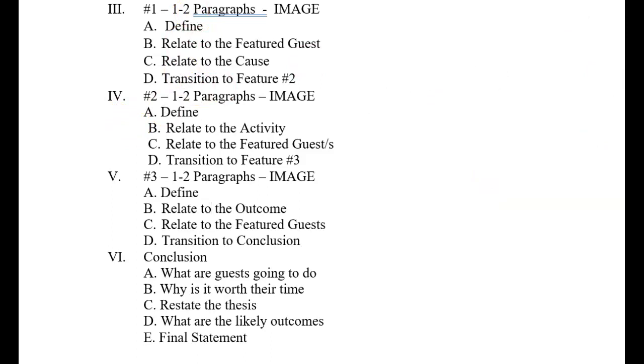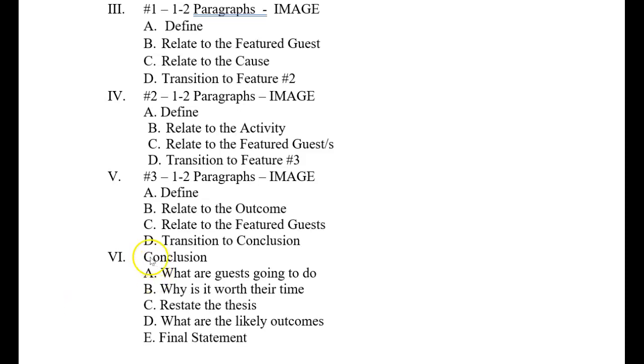It's just that you've organized the party by the cause and the need and the outcome rather than the more creative, it's cocktail time and I have a picture of a cocktail glass and people milling about, and then I have a picture of my featured guest talking and so forth. So you can organize it that way as well. So pick whichever way works best for you and go with that.